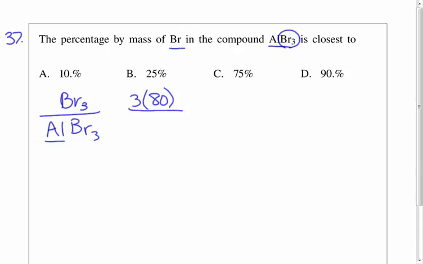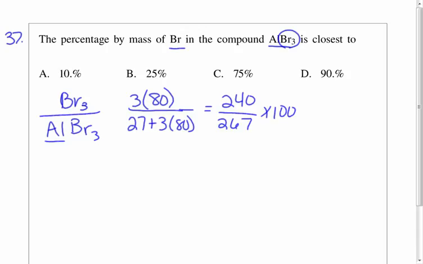We have 26.98 for aluminum, so we can just make that 27 plus 3 times 80. So you end up with 240 on top and 267 on the bottom times 100. And that ends up getting us 90%. And to show it out to the ones place, we would put the decimal at the end.